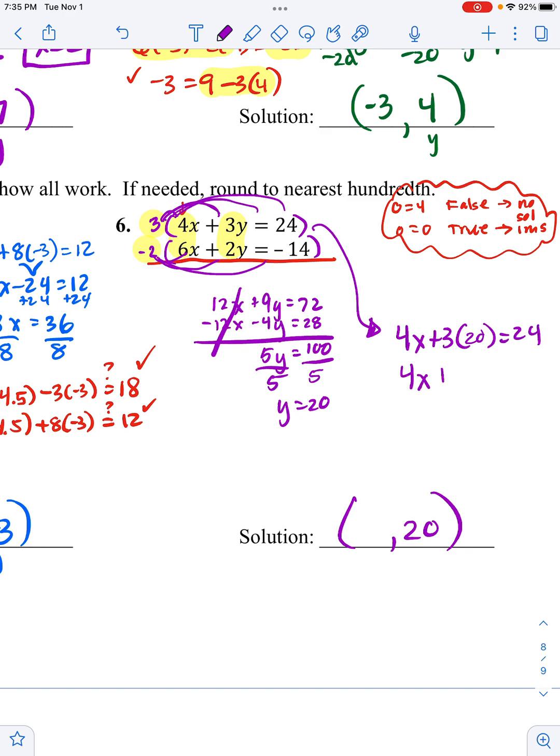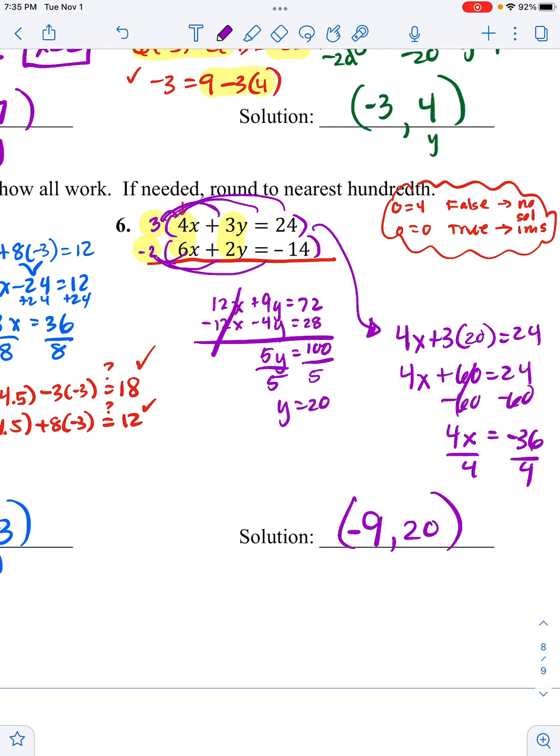So 4x plus 60 equals 24. I'm just solving away, trying to find my x value. So 24 minus 60 gives me a negative 36. Dividing that by 4, I get a 9. Okay, and actually that would be a negative because a negative divided by a positive.